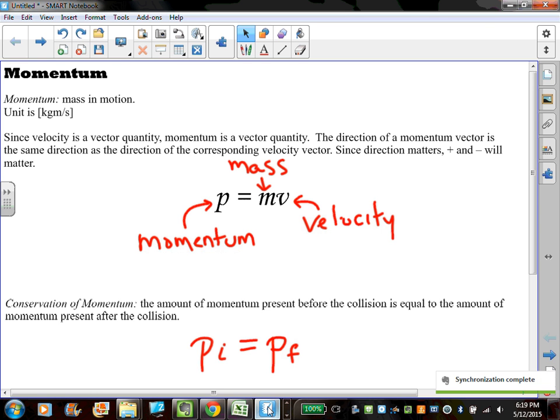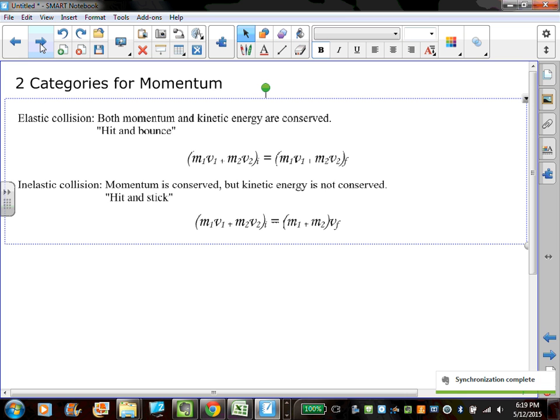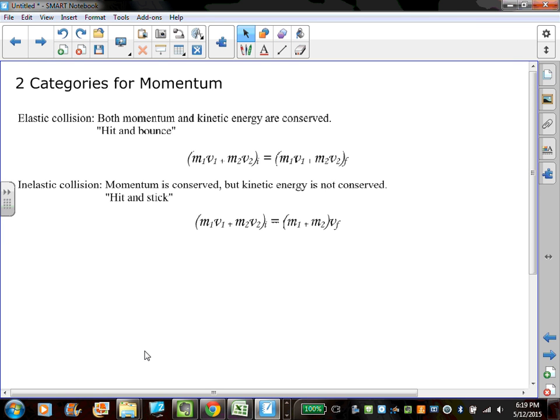All right? So we, of course, have more than one way to talk about momentum, and we have 2 different categories for momentum. Now, in your lab, you investigated one of these categories. What you guys did is you investigated what's called an elastic collision.